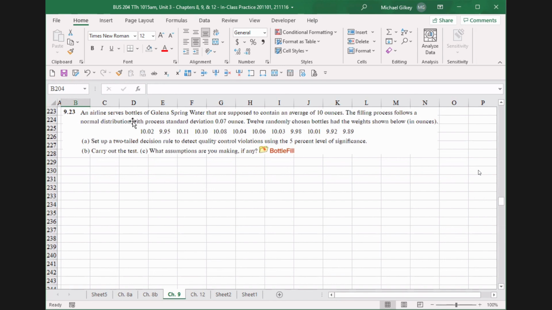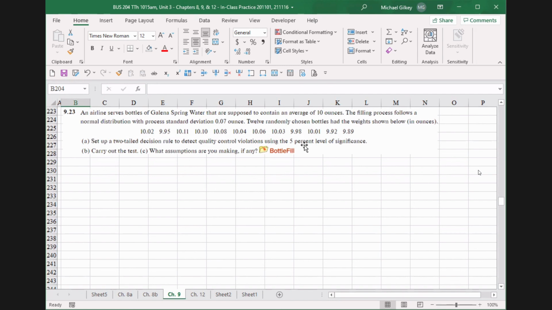This is a two-tailed test. They give you what the average contents are supposed to be. The bottles of water are supposed to contain 10 ounces. The filling process has a normal distribution with a standard deviation of 0.07 ounces. We took a random sample of 12 bottles, and we want to do a two-tailed test at 5% to determine whether we're actually filling the bottles at 10 ounces.